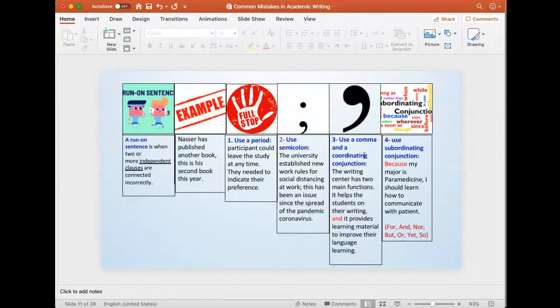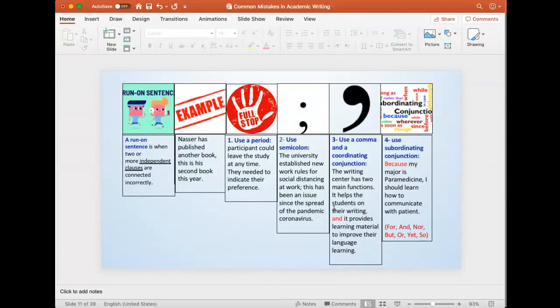So we use a comma and a coordinating conjunction to make our writing understandable and clear, to communicate the right thing. For example, the writing center has two main functions, full stop.